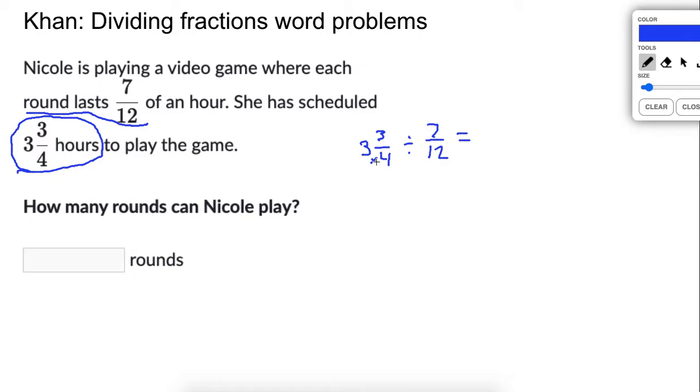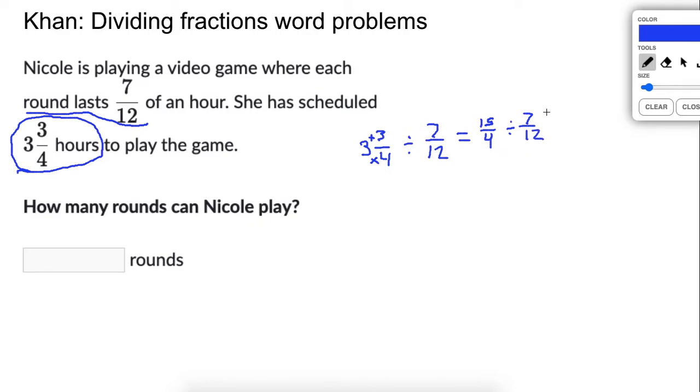So remember, we multiply, so 4 times 3 is 12 plus this 3, because that tells us there are 12/4 in the three wholes out here. So 12/4 plus 3/4 would be 15/4. So that equals 15/4 divided by 7/12.